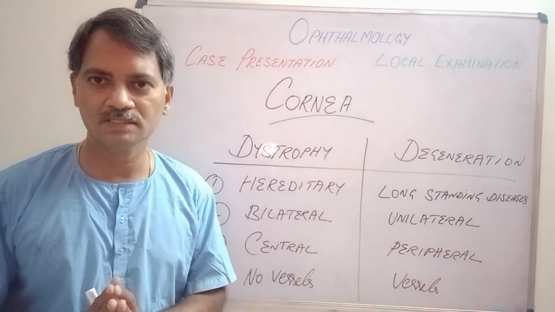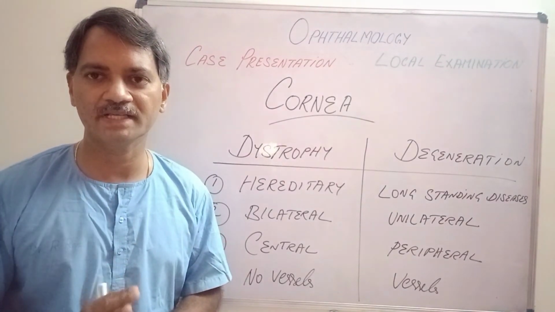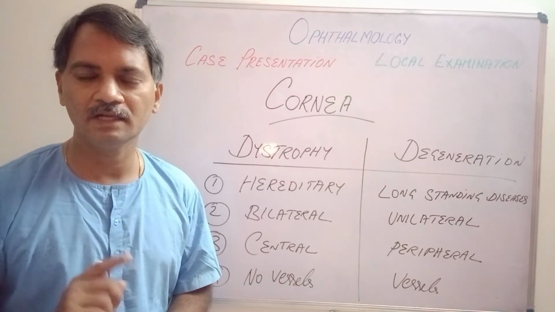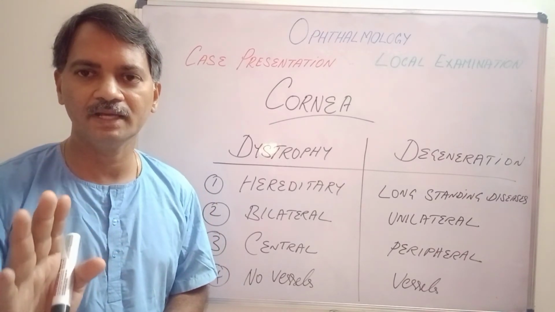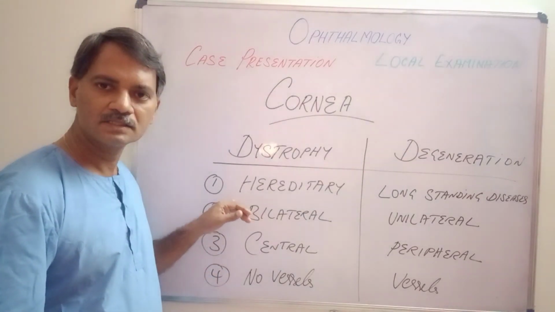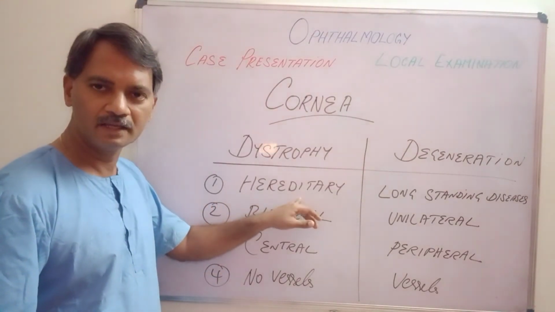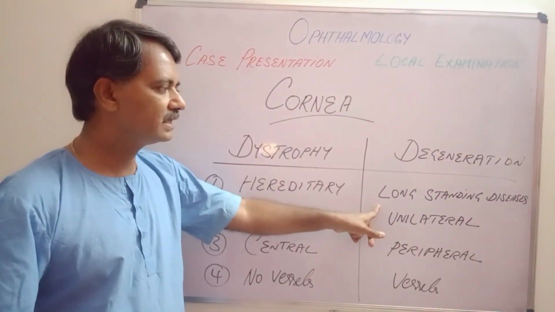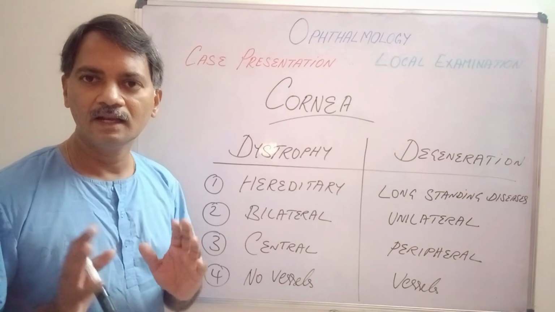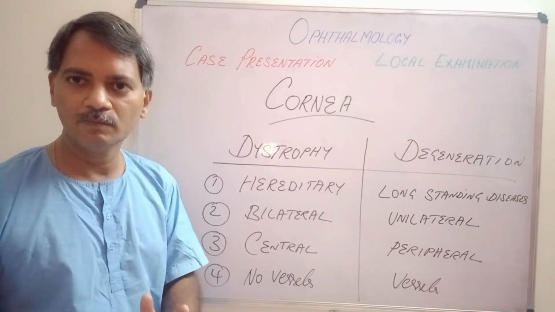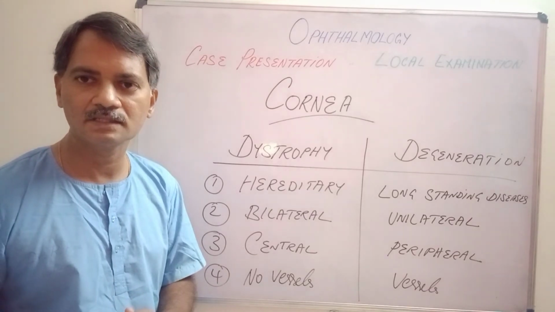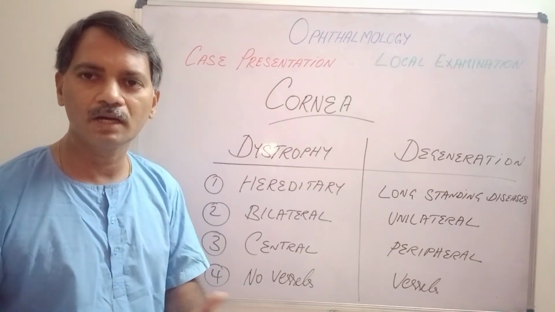Last but not the least, in this video about examination of the cornea, we will just tell about the difference between dystrophy and degeneration. Dystrophy is genetically acquired or hereditary. Degeneration is due to long-standing diseases of the eye like phthisis bulbi, long-standing iridocyclitis or uveitis, long-standing glaucoma.